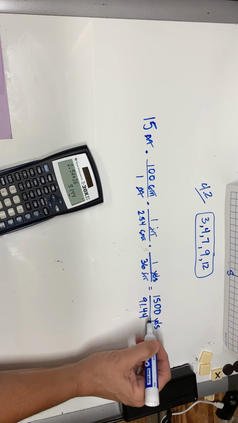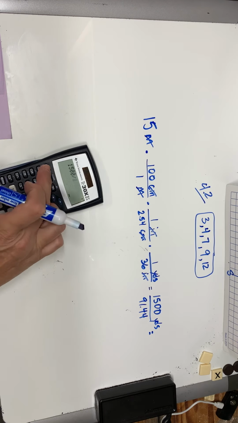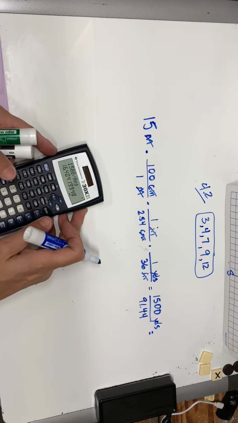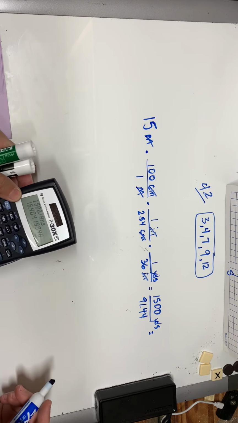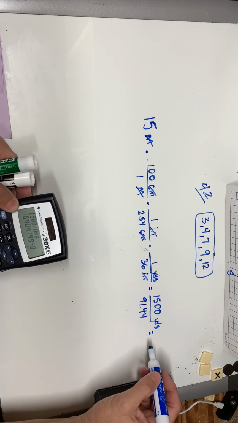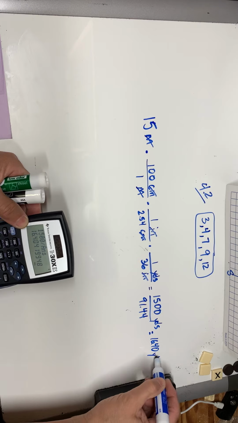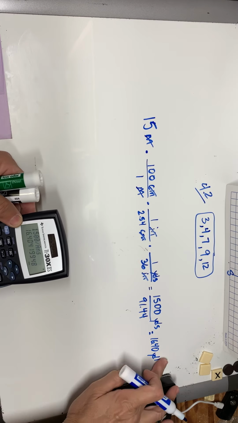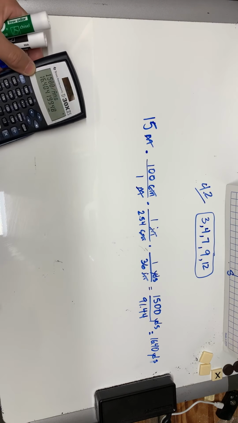And then I do my final division. So 1500 divided by that gives me 16.4. And they want me to round it to the nearest hundredth, so that's 16.40. You don't really need the 0. But anyways, there's my answer. So this is called the unit fraction technique.